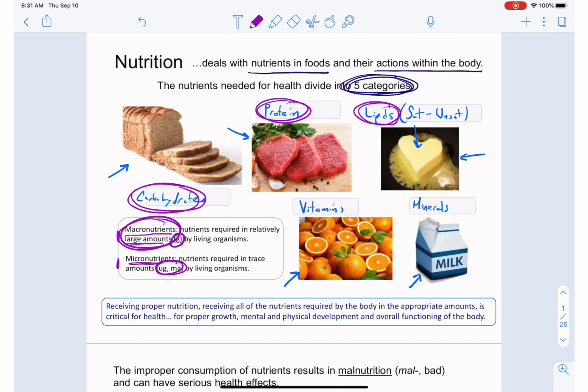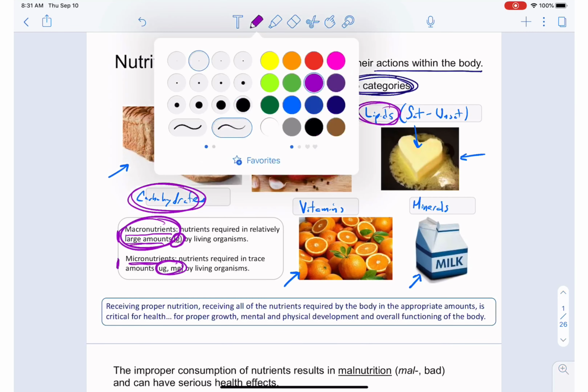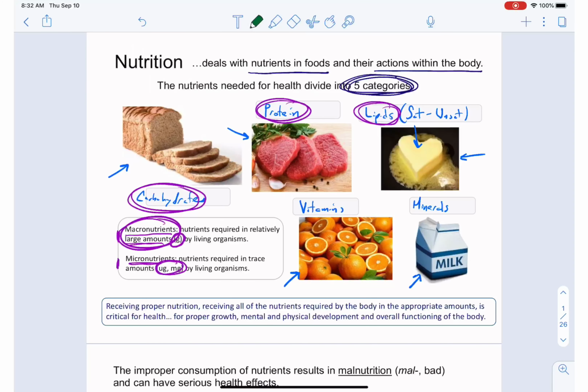These are nutrients that we need in relatively large amounts. Which means with regards to micronutrients that vitamins and minerals are classified as micronutrients. These are nutrients we need in just really small amounts.